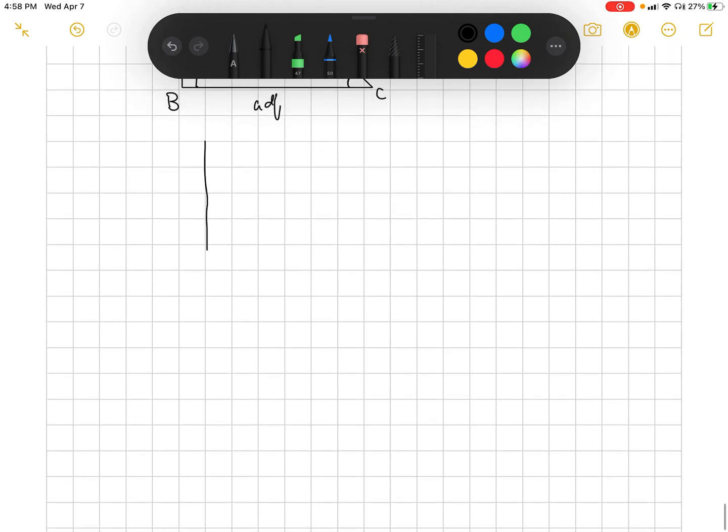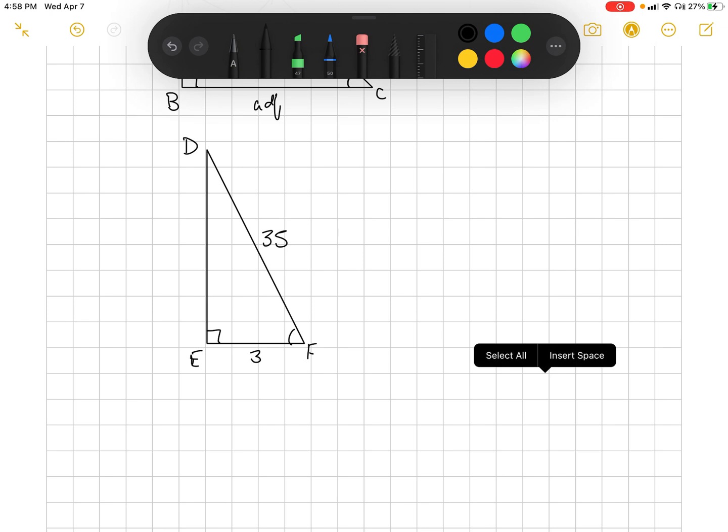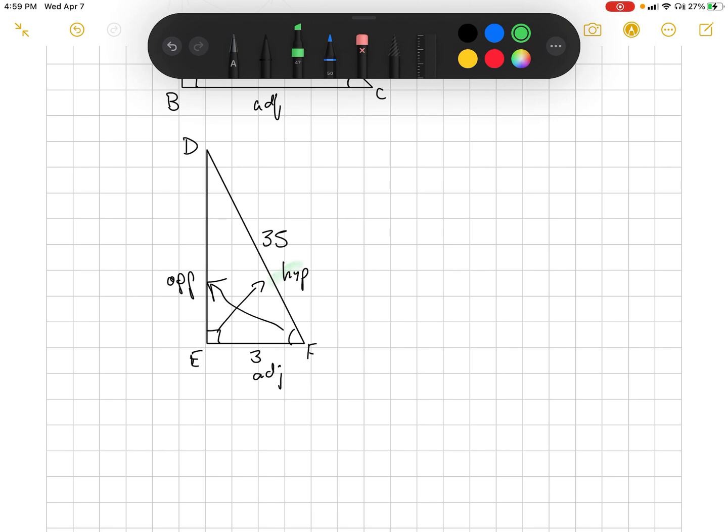Now, we'll do another one just to illustrate the point. This is going to be DEF, right angle. I'm going to say this one is 35. This one here is, we'll make it something ludicrous. We'll make it 3. And our reference angle is going to be F. Same thing as before. That's our hypotenuse. That is our opposite, which makes this our adjacent. Start by labeling. Now, we have the hypotenuse, we have the adjacent, we're looking for the angle.